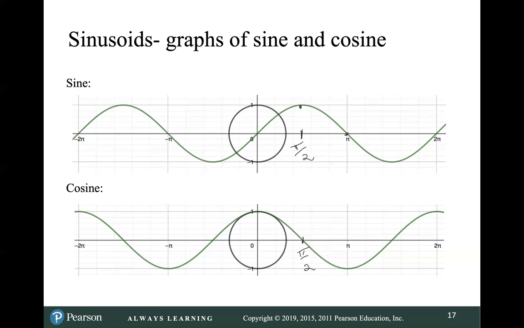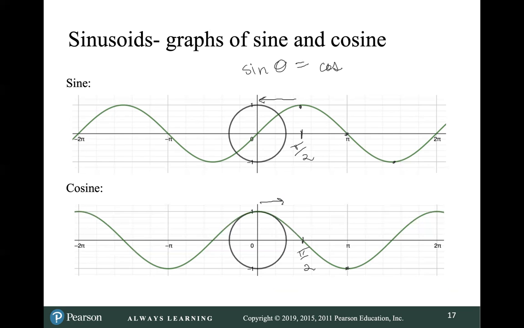So we're looking at these graphs, and they're each transformed by sliding one or the other over by pi over 2. To get from cosine to sine, we would shift pi over 2 to the right. To get from sine to cosine, we would shift pi over 2 to the left. We'll talk about this in more detail when we go into identities, but one way we can write sine and cosine in terms of each other, because we know how to write a shift for a function, is to say that sine of theta equals cosine shifted to the right.